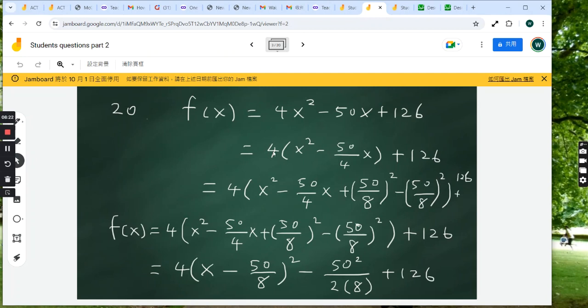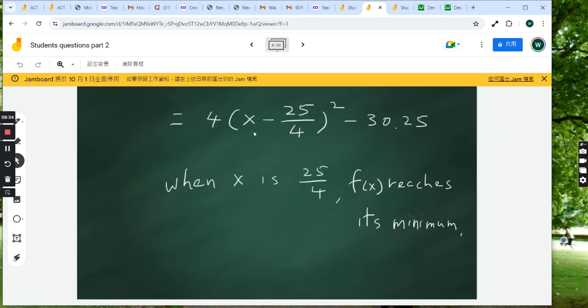Because the coefficient here is positive, the quadratic function opens upward, so the vertex will be at its minimum. The minimum occurs at x equals 25 over 4, and the minimum value of f is negative 30.25. So the answer to this question is 25 over 4.